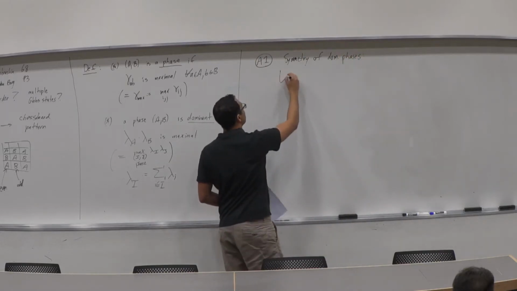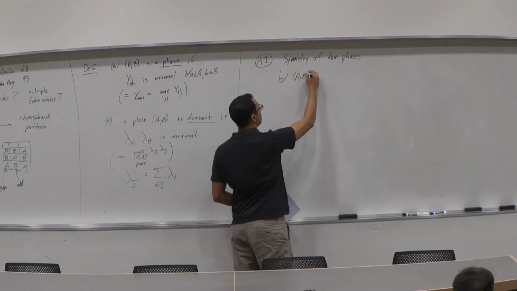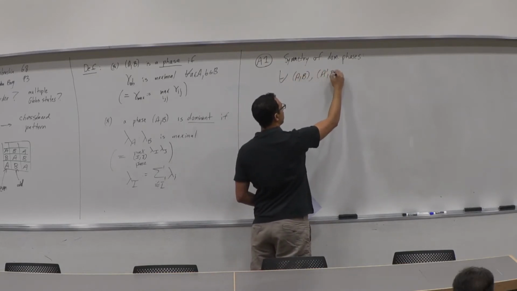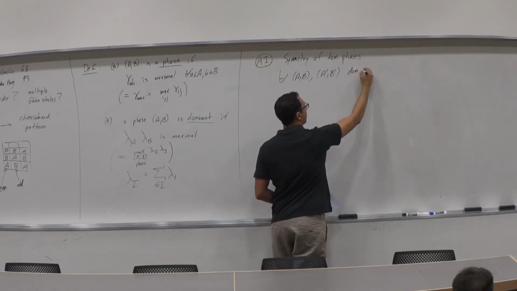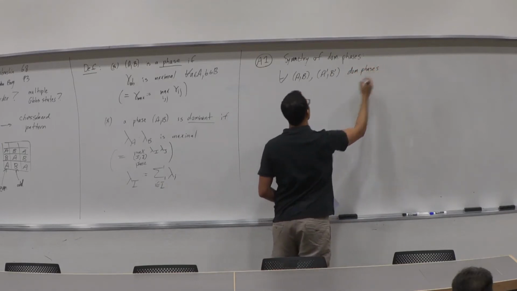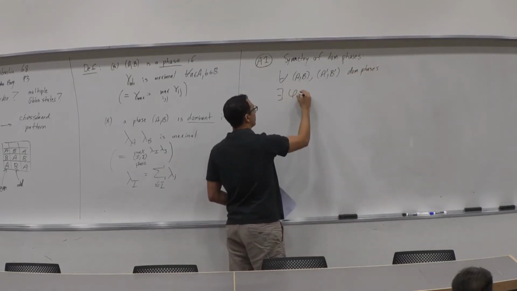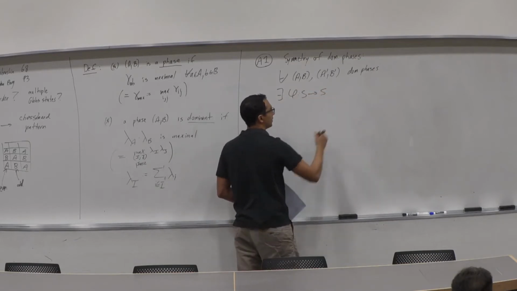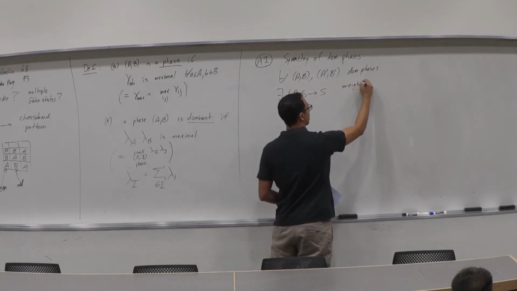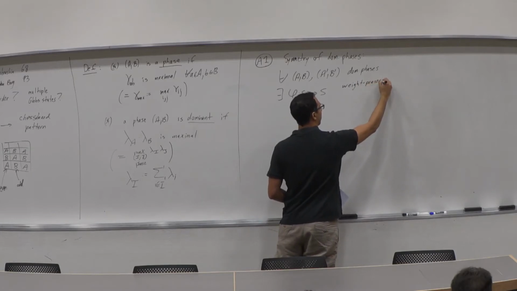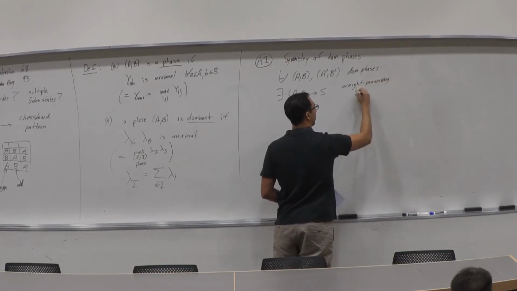It just means that for any two dominant phases, A, B, and A prime, B prime, there exists a weight-preserving bijection of the spin space.